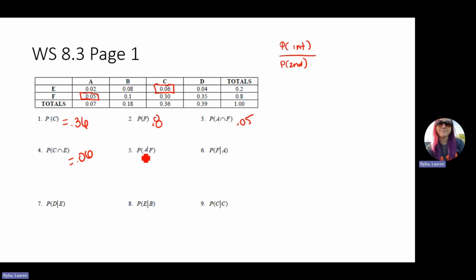So we look for A intersect F, and we put that over the probability of F. A intersect F, we already have as 0.05, and the probability of F is listed as 0.8. So I take 0.05 and divide by 0.8, and when you do that, you get 0.0625.